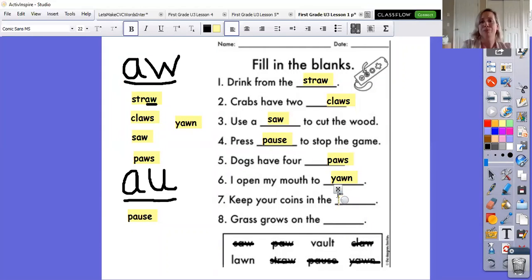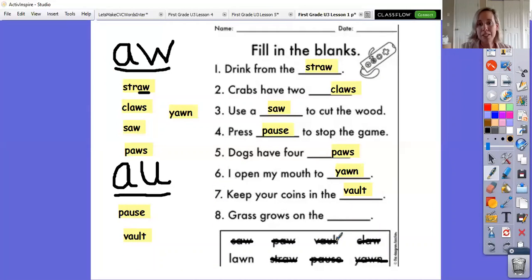V-A-U-L-T. I was looking up at yawn. Vault. V-A-U-L-T. Okay, so let's write vault over here. Vault. Okay.